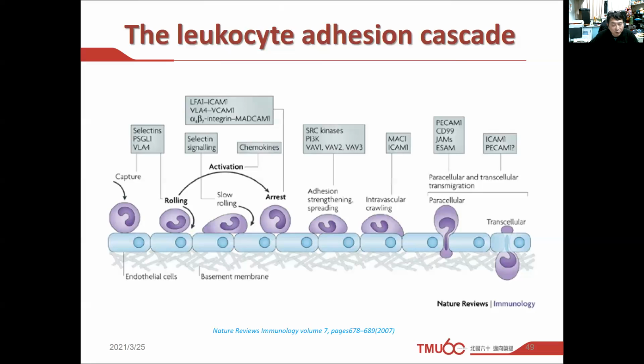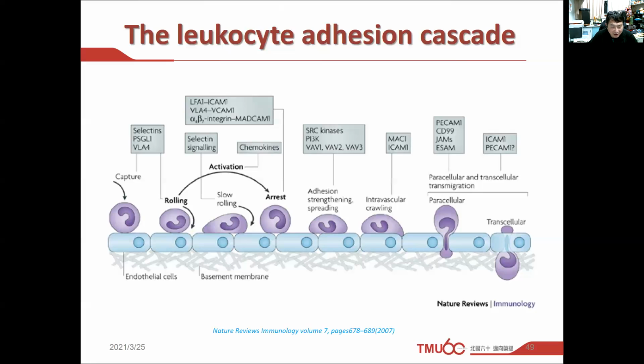Okay, and after 2 or 3 hours, due to the tissue injury, a lot of different cytokines are released, for example TNF alpha, which will increase the E-selectin molecule expression combined with beta-2 integrin.